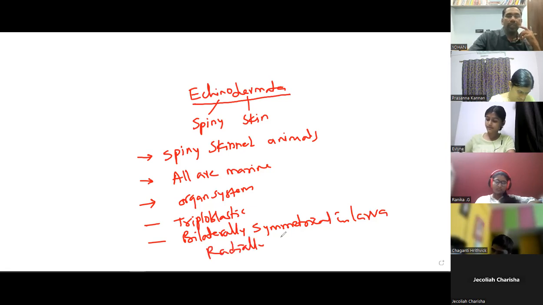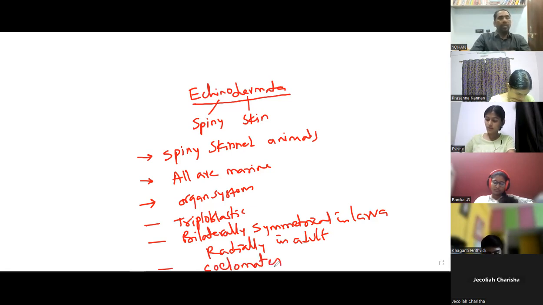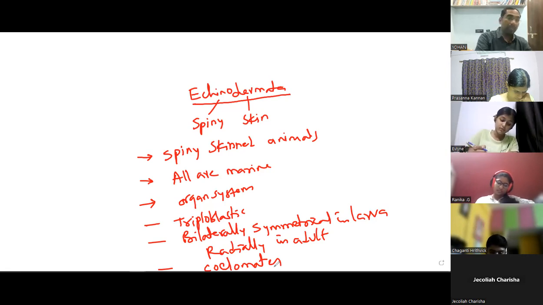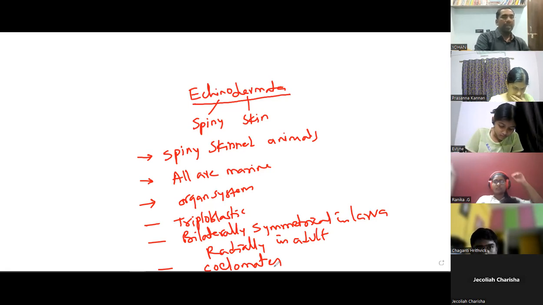Very, very important. Next, coelomates. Spiny skin, all are marine. Organ system level of organization, triploblastic, bilaterally symmetrical in larva, but in adults they show radial symmetry. And coelomates.